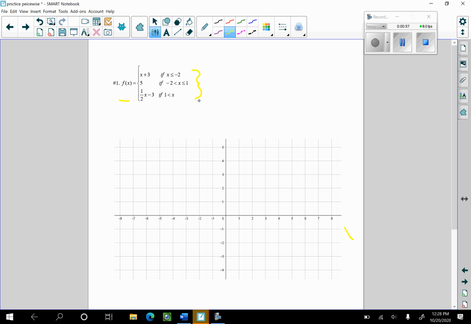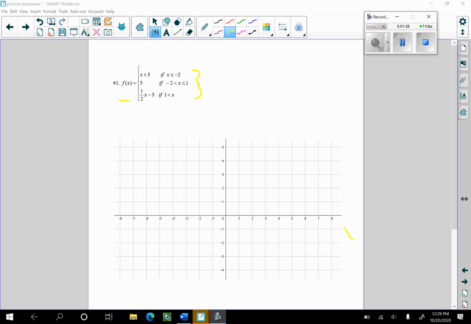So the first thing we're going to do, the easiest way to do these particular piecewise functions, is see where they break up at, and then make sure that you have an XY coordinate grid on your half a piece of graph paper. I will pause the video as you make your XY coordinate axes.